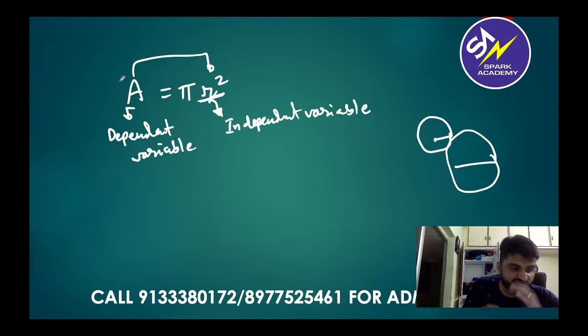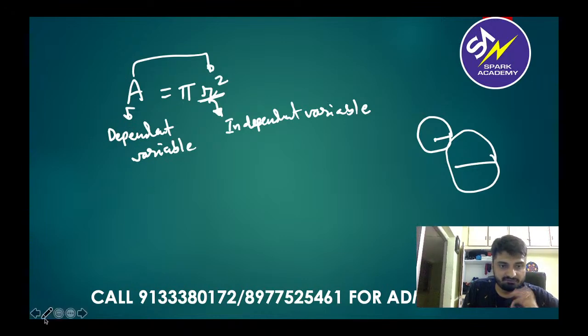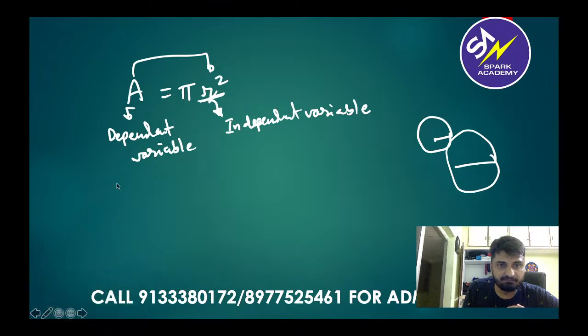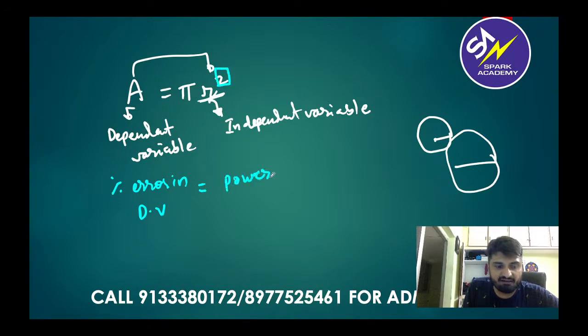So can I now state the shortcut: the percentage error in the dependent variable is nothing but the power times the percentage error in the independent variable?